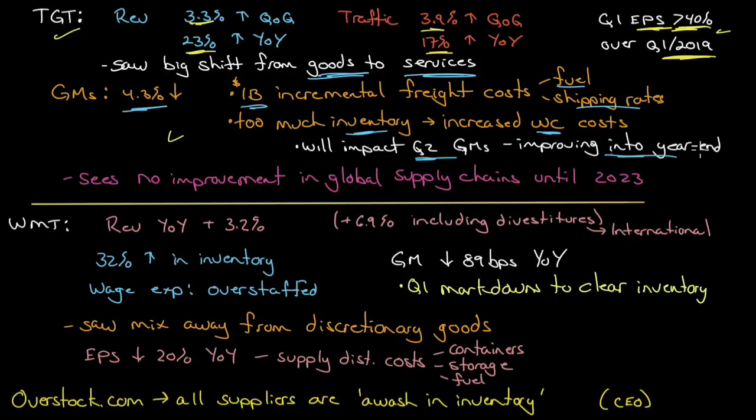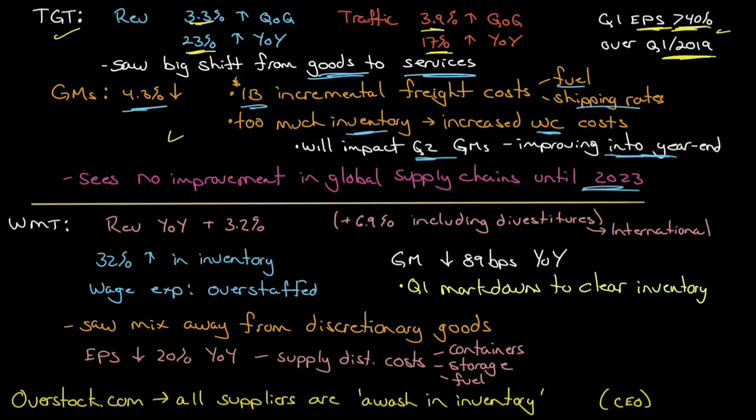So it is going to take a couple of quarters to work this off because they were overstocked, too much inventory came in, but more is on the way. More is on the way, and the shift back to services happened, so they know that they've over-ordered the goods. They know that there's going to be markdowns into Q2 and Q3, improving into year end. They see no improvement in global supply chains until 2023.